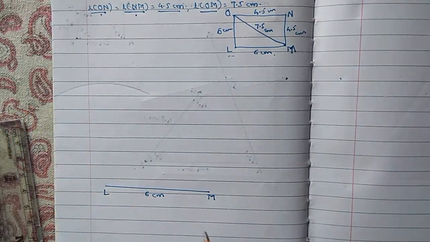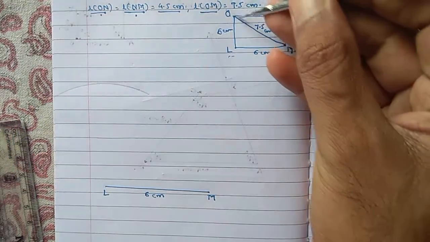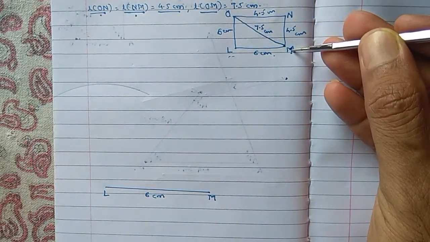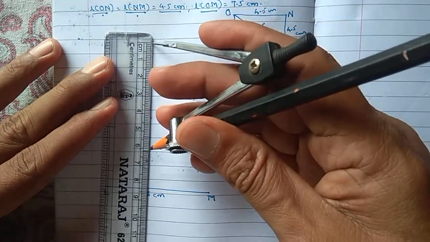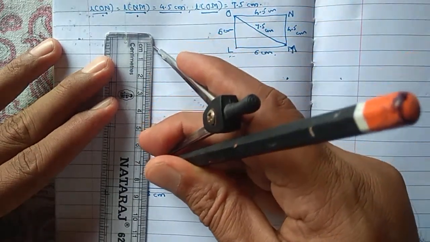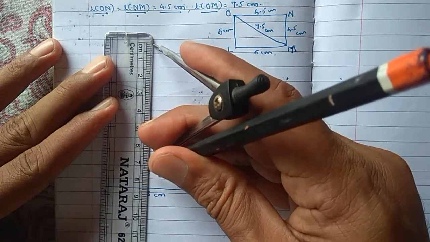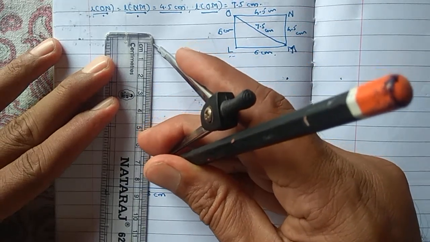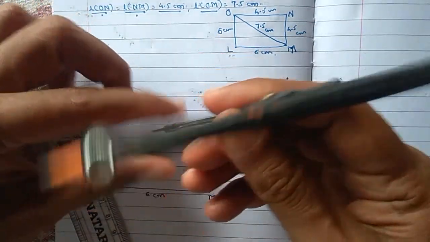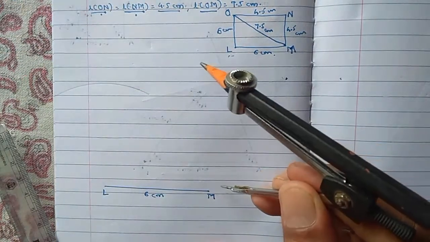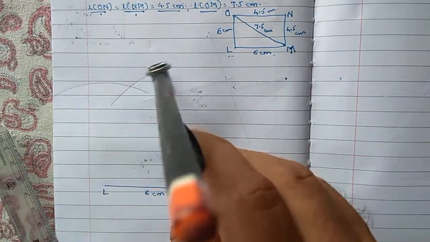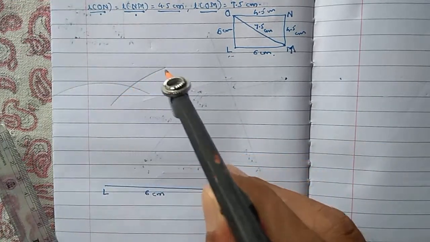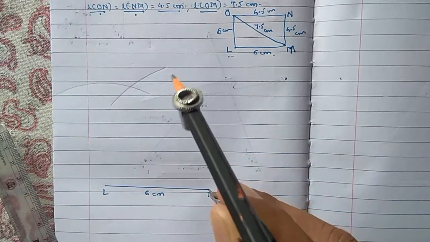Arc is done. Then this distance we want, how much do we want? 7.5. Then take 7.5 centimeter distance in the compass. Okay. And then fixing the steel point on the point M, make an arc so that it intersects the previous arc.